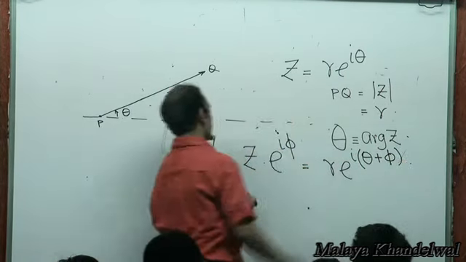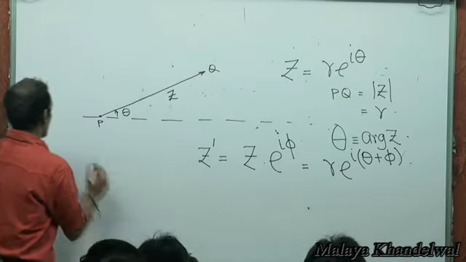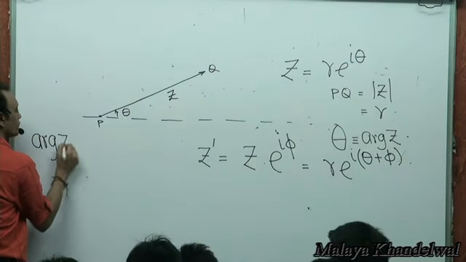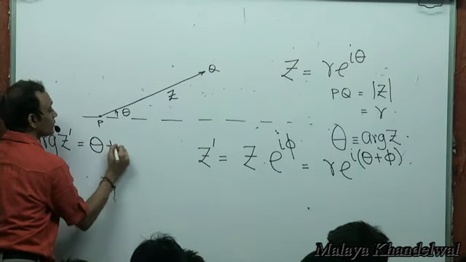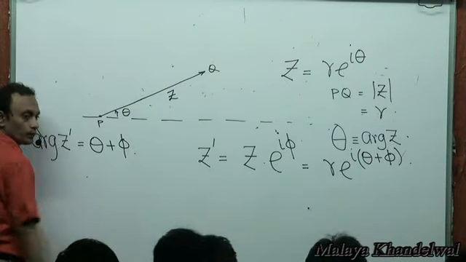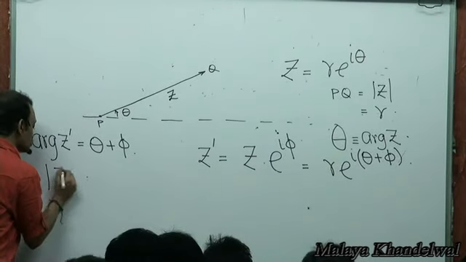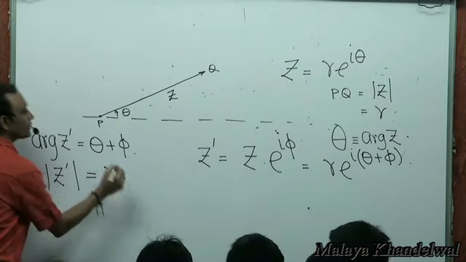Yes or no? That means the argument of z prime is theta plus phi. Modulus of z prime remains r.